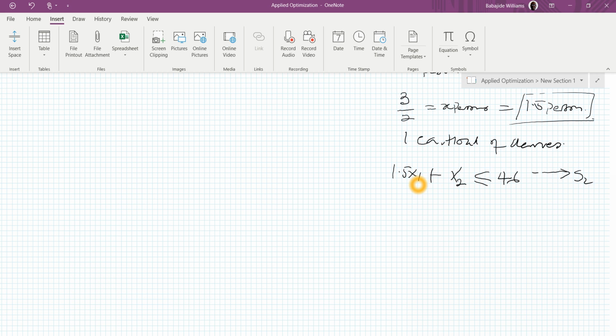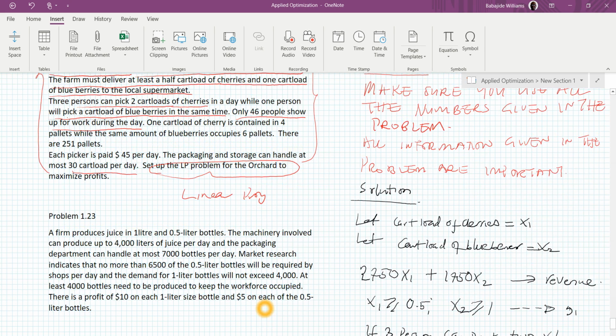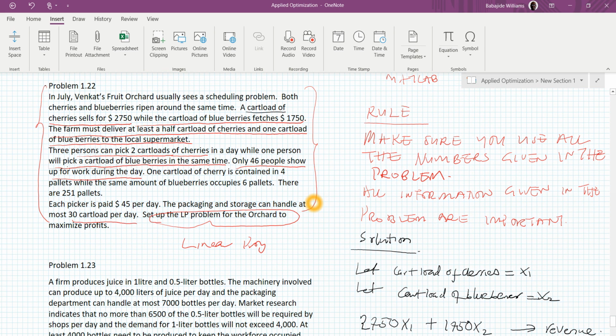Then I'll know the number of persons that picked it. So when you multiply that together, that's what we're saying here. So all these are per day, per day, per day. Okay, let's go on a little bit more.